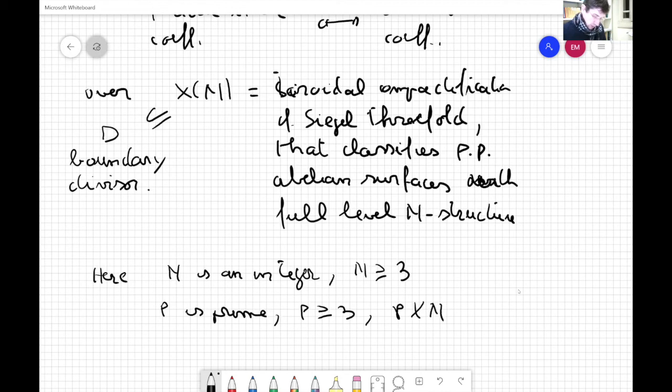So why the Siegel threefold? Well, that's a first example where we started studying certain phenomena, and we are sure that actually part of what we're going to say will hold for more general Siegel varieties, maybe more general Shimura varieties of types that we don't know yet. So that's really one kind of generalization.